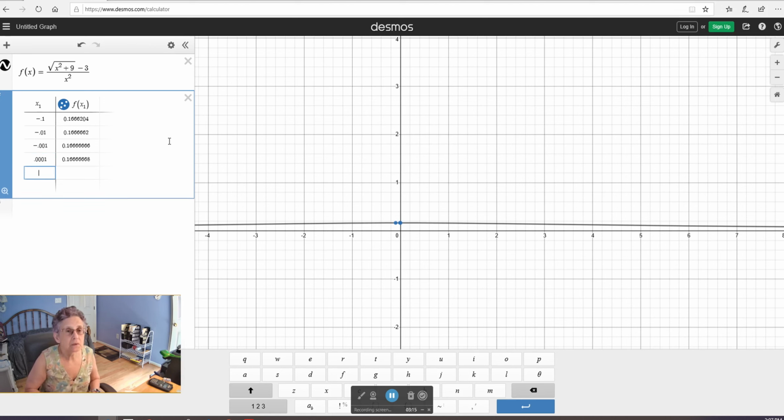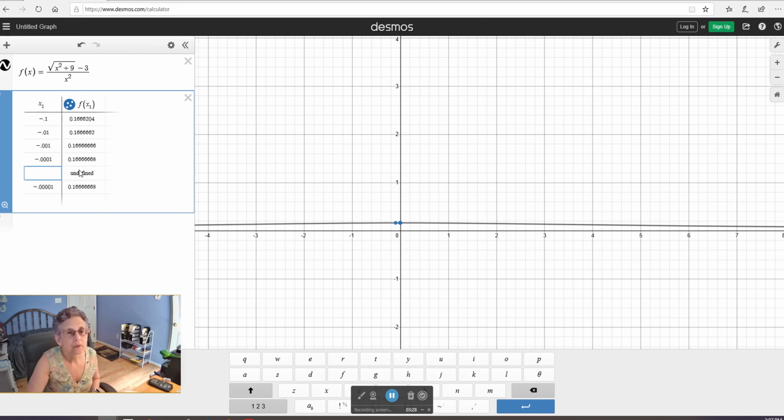We can get as close as we want to. Negative 0.00001, and I'm going to go back up here and give it its negative sign that I missed. Get rid of that one. Okay. And then if we put in 0, it's undefined.